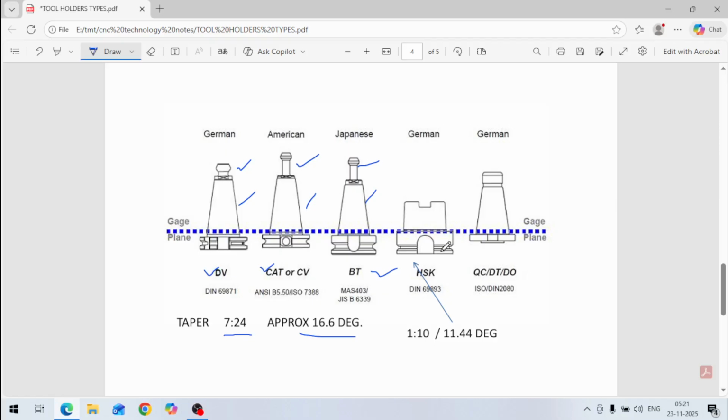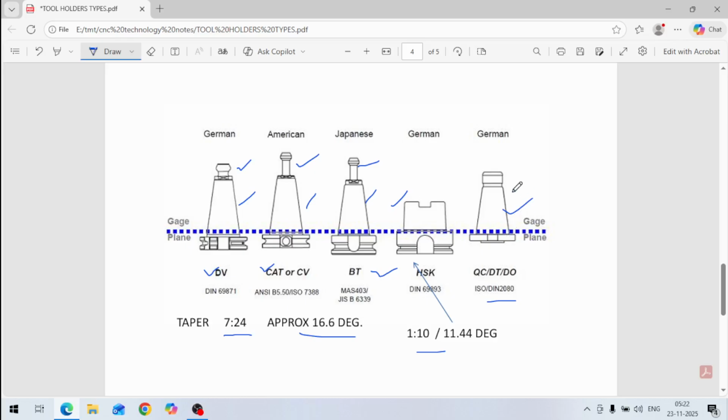In the hollow shank, this taper is 1:10, approximately 11.44 degrees. And for this QC, DT, DO type of adapters, the angle is also 7:24, which means 16.6 degrees. Here also it is 16.6 degrees.